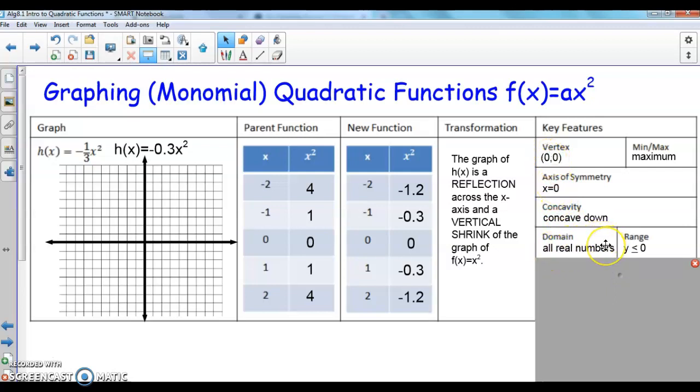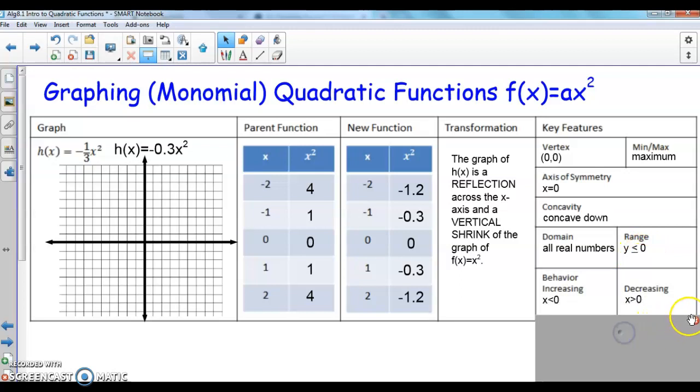Domain is all real numbers. Since our graph is concave downward, we now say less than. So your range is y less than or equal to 0. And last but not the least, the graph is increasing from left to right when x is less than 0, and it's decreasing when x is greater than 0.